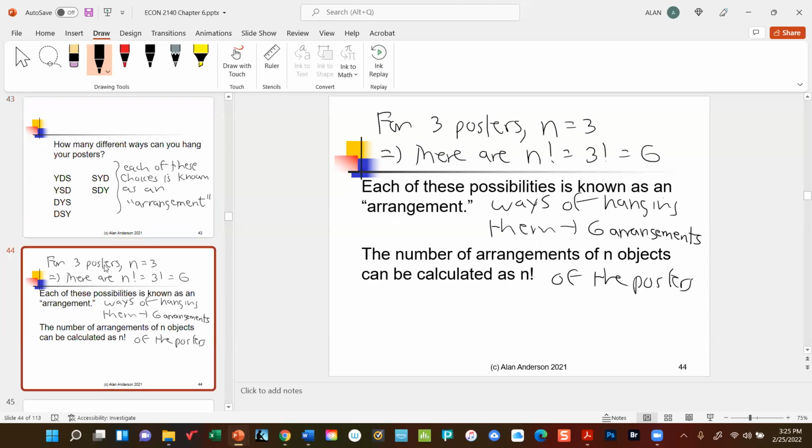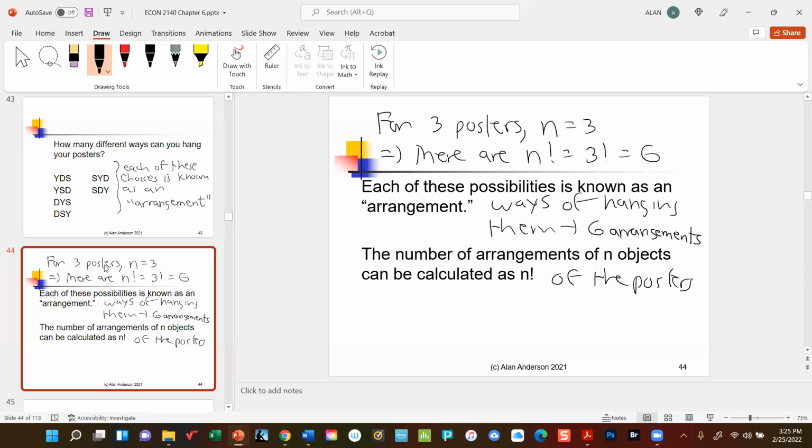Because it turns out that n factorial tells me how many arrangements I can create from n objects. Okay, so if I have 3 posters, n is 3, and since 3 factorial is 6, that means there are 6 ways of hanging my posters.